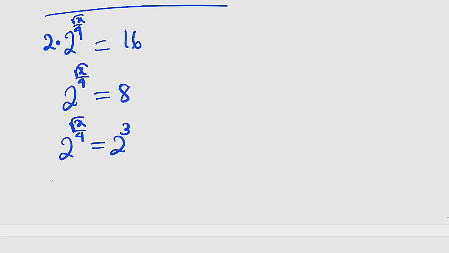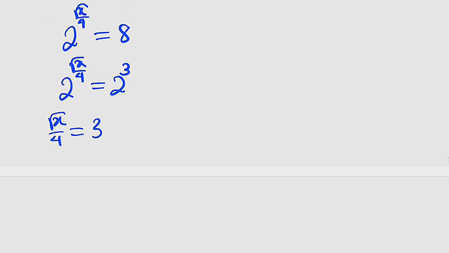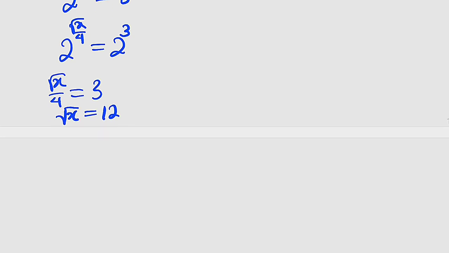Since the bases are the same, it implies square root of x divided by 4 is equal to 3. You can multiply both sides by 4 so that square root of x is equal to 4 times 3, which is 12. You can square both sides in order to have the value of x. x will be 144. So this is the value of x.